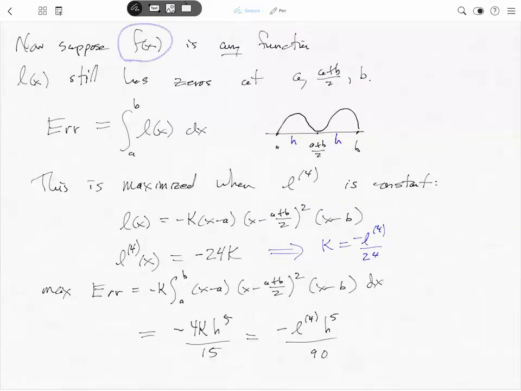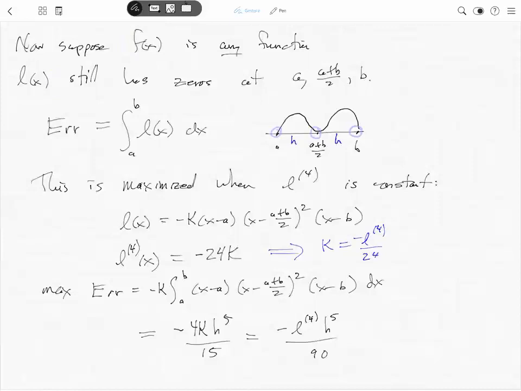Okay, so f now is any function. L is the difference between the original function f and the quadratic interpolation at these 3 points. And therefore, once again, we know that the graph of L looks something like this. L is going to be 0 at a, at a plus b over 2, and at b.